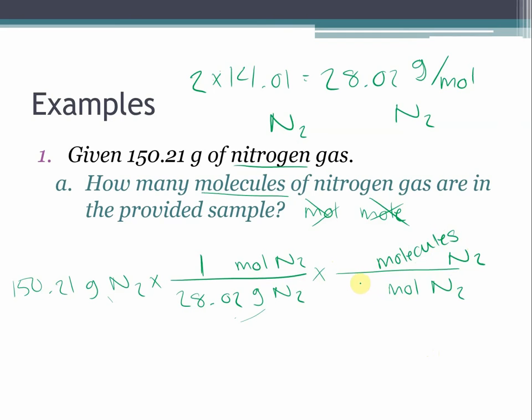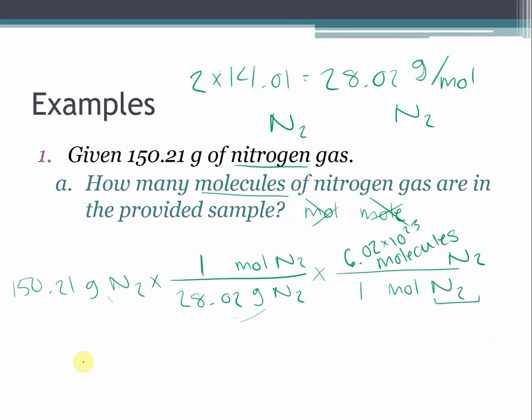And in every 1 mole of anything, there are 6.02 times 10 to the 23rd of that thing. Because again, the particle we are talking about is N2, which is a molecule. So in 1 mole of this particle, there are 6.02 times 10 to the 23rd of that particle.